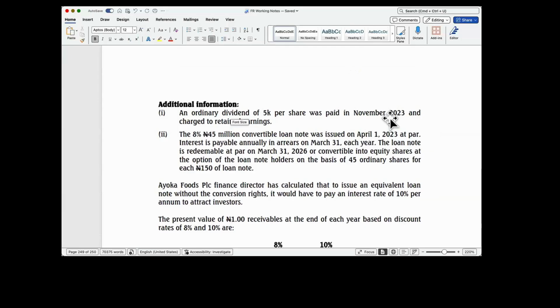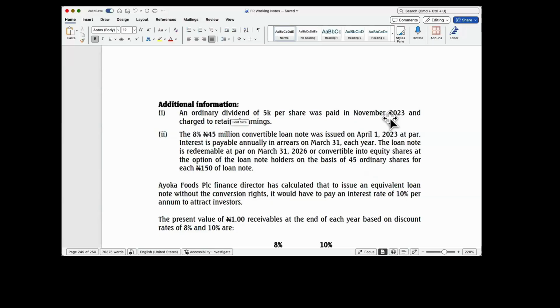So they should not charge it. When you pay dividend, it's like you're paying money. You credit bank, you debit dividend, which I'm going to take to my statement of changes in equity and deduct from opening retained earnings. That's the sequence.